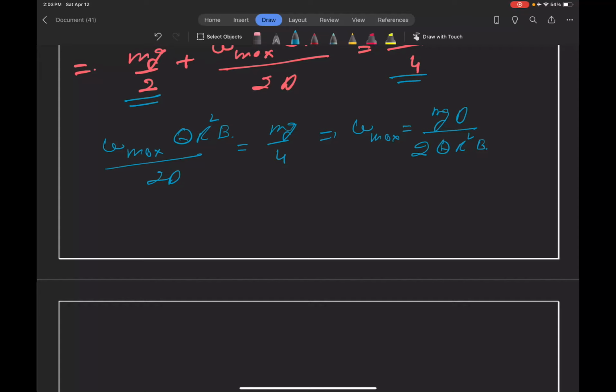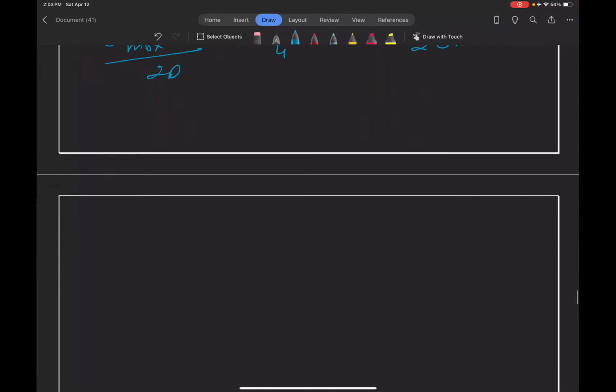And we can make a slight modification here, because we know that our T naught is equal to mg by 2, and we can substitute that mg is equal to twice T naught.